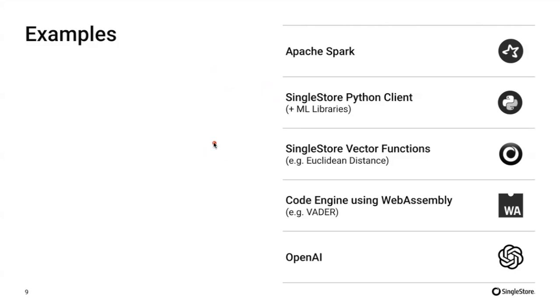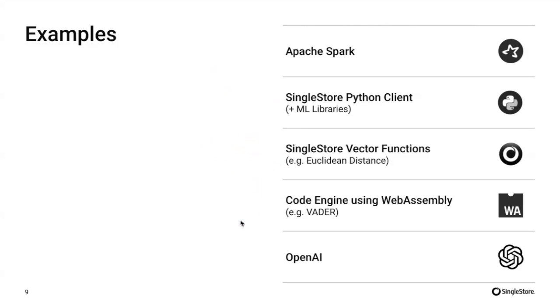The vector functions, we already mentioned that we've had support for that for some time, and some significant enhancements were added earlier this year. And then you're not just constrained by the capabilities of the database engine itself, you can actually extend it. And you can extend that with this thing called Code Engine using WebAssembly.